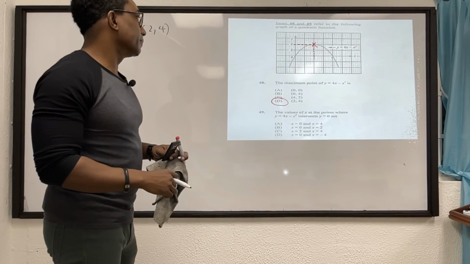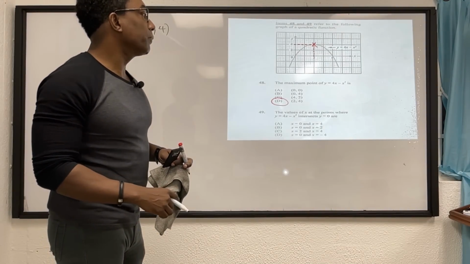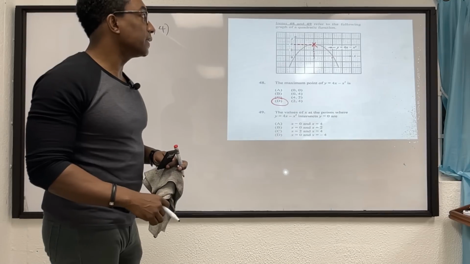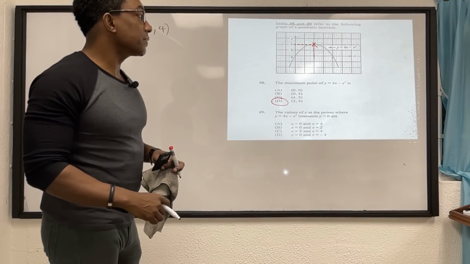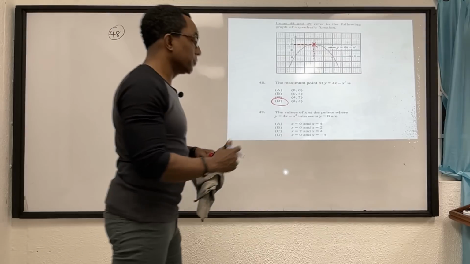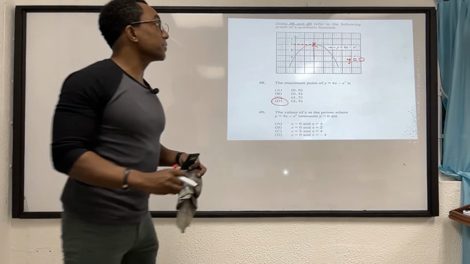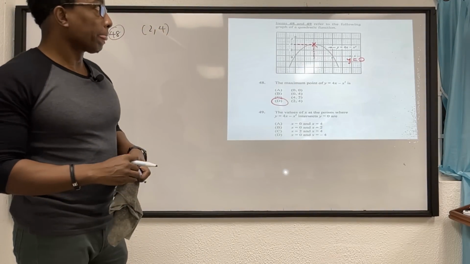Question 49. The values of x at the point where y equal to 4x minus x squared, the quadratic function, intersects the line y equal to 0 are. Now y equal to 0 is the same as your x-axis. That is y equal to 0.